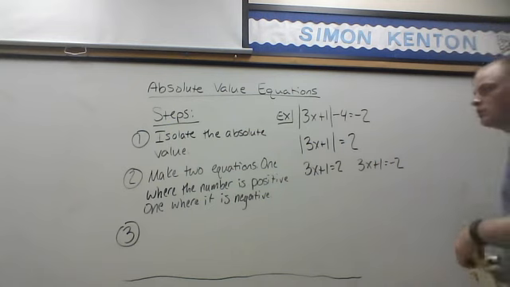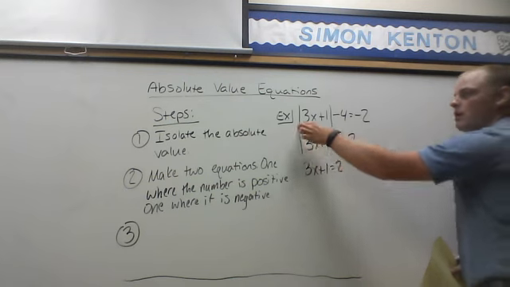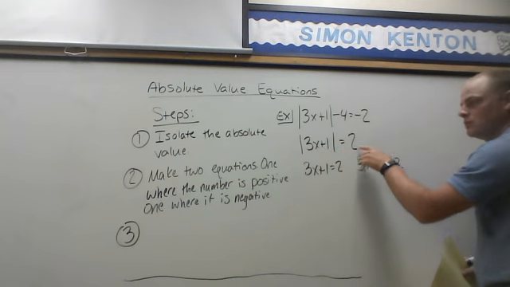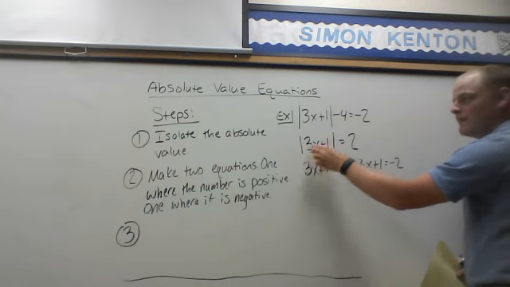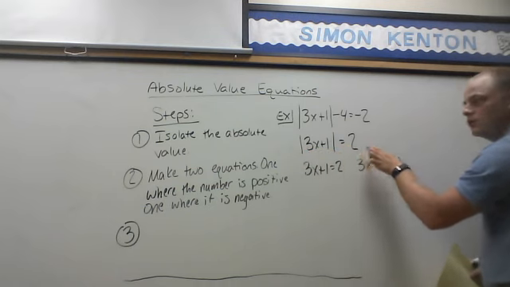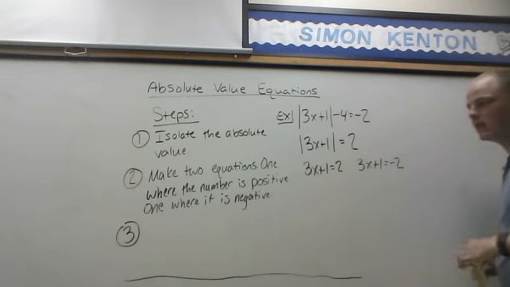The reason why we can do that is this inside here, if it is a positive 2, the absolute value of positive 2 equals 2. And if this number equals negative 2, the absolute value of negative 2 is also equal to a positive 2. So that's why we split it up into two separate equations.